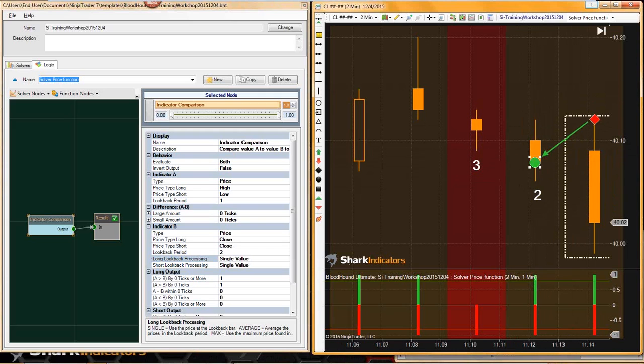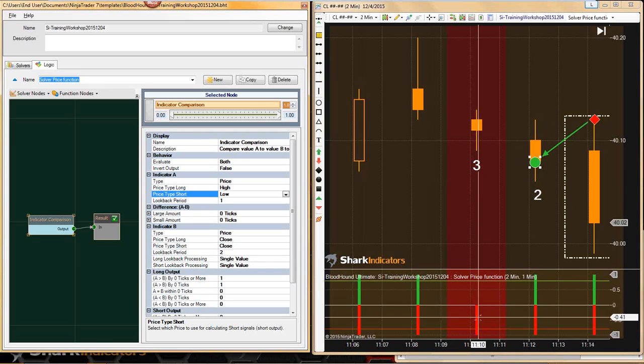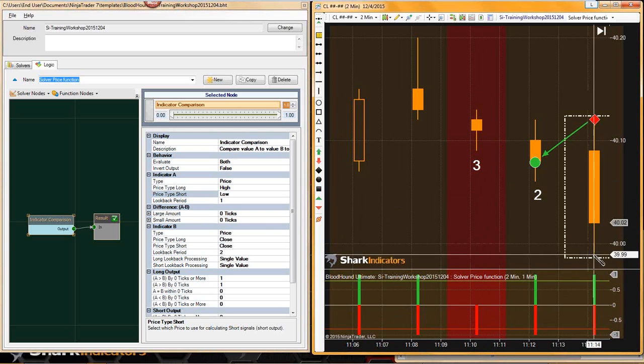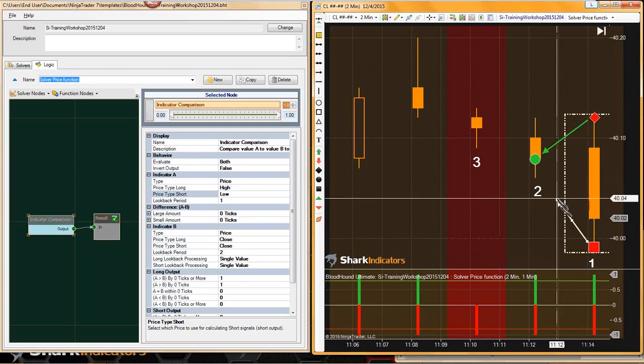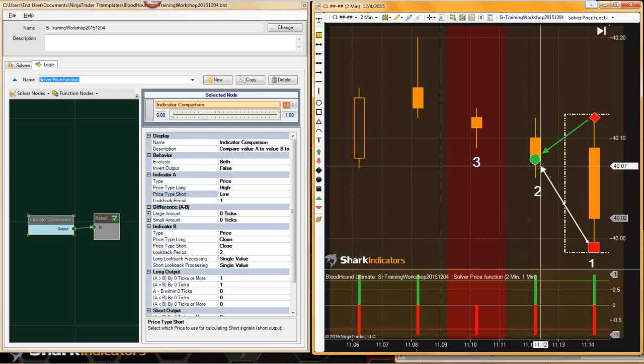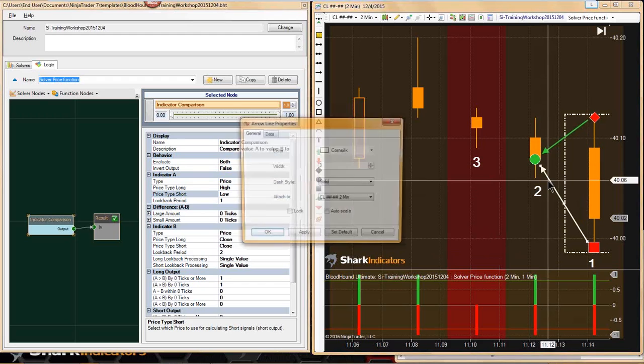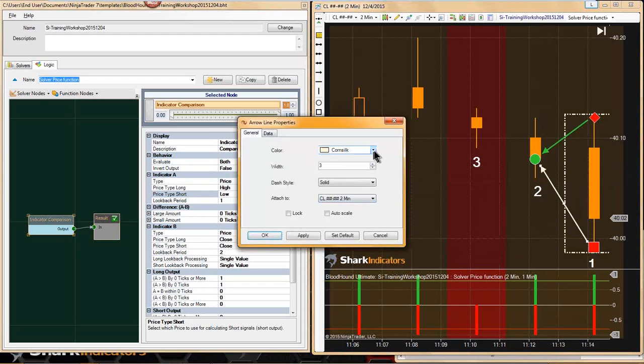And to calculate the short output for BloodHound, we're looking at the low price of the current bar down there, and we're comparing that to the closing price of one bar back.